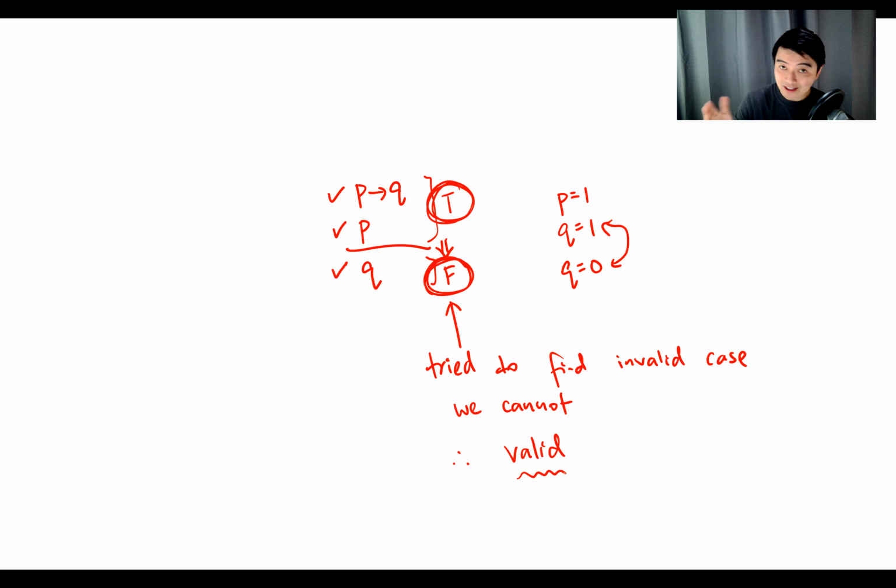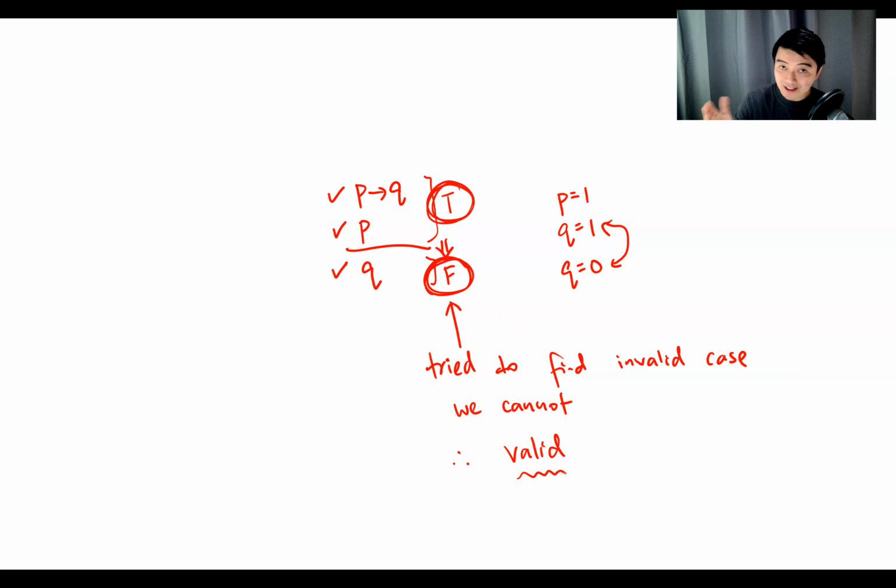The first thing we should do is try to assign true and false: everything above the line true, everything below the line false. Because if we can find such a case right away, we have a counterexample and this is invalid. So let's start with the bottom. How do I make the bottom statement false?